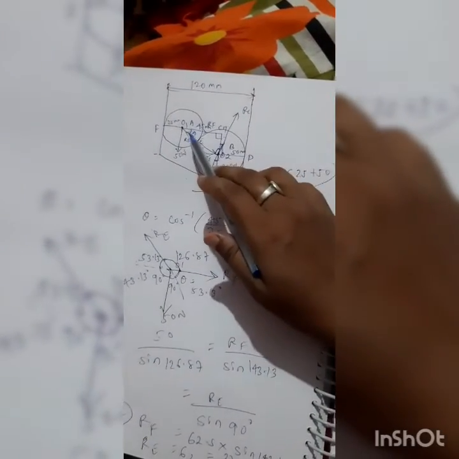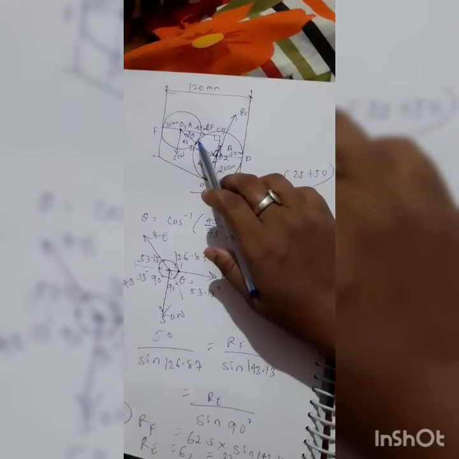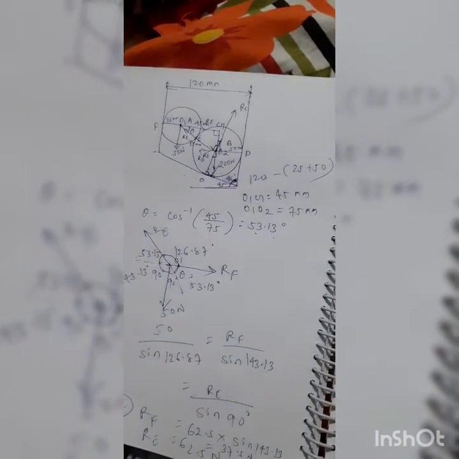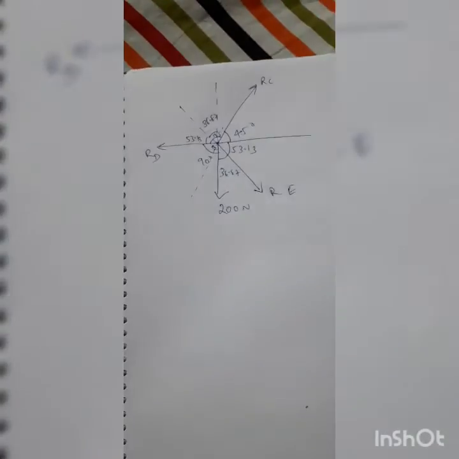And here this angle theta is, we got 53.13 degree. So here to here it is 53.13 degree. This is 90. So this is 180 minus 53.13 plus 90, that is, I have calculated 36.87 degree. So this angle is 36.87 degree. So here we will come to this.